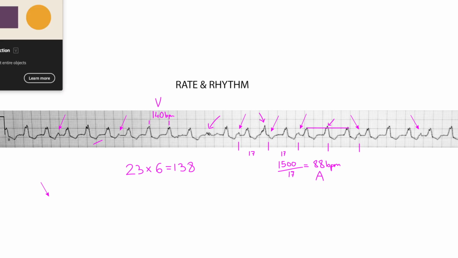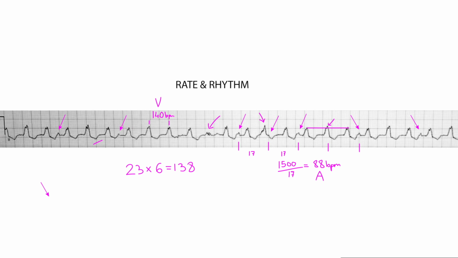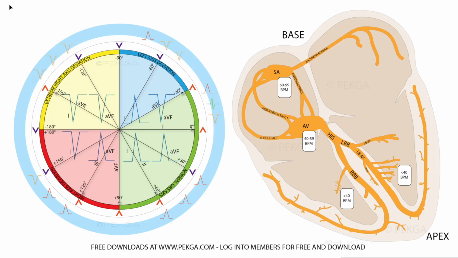So my mind immediately goes here to AV dissociation, atrioventricular dissociation. Now, what the hell is that? If you're hearing this term for the very first time, we measured out some sort of ventricular point, right? It appears to be driving the rhythm at 140 beats per minute.